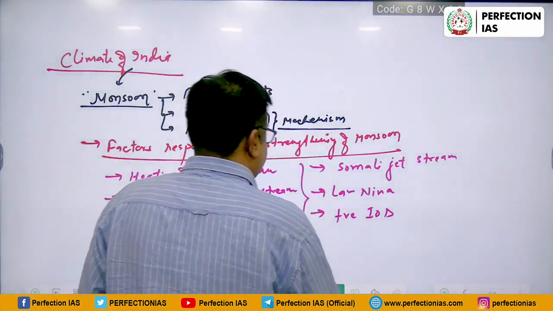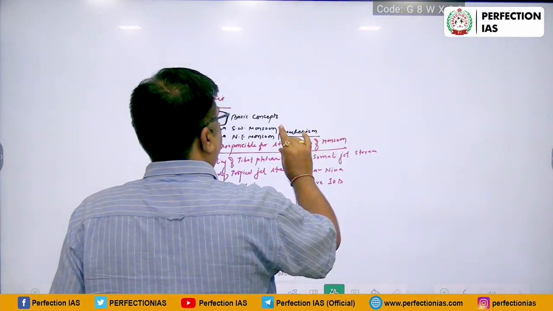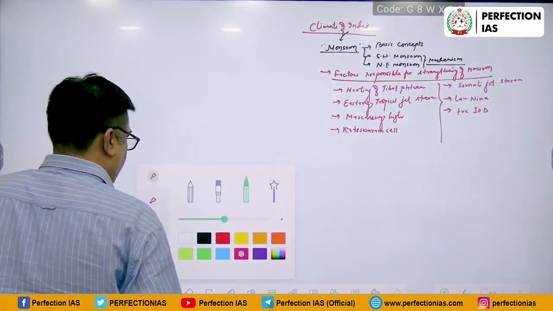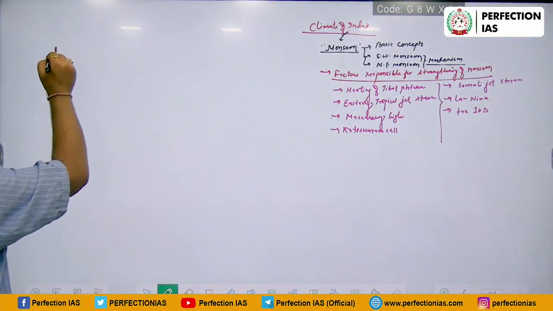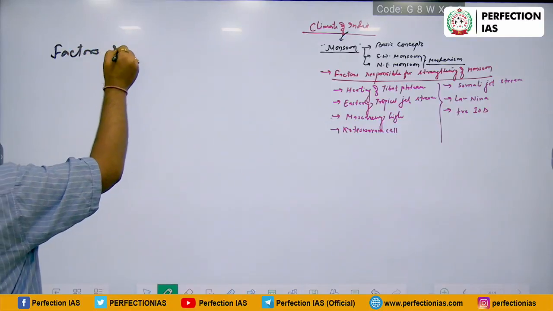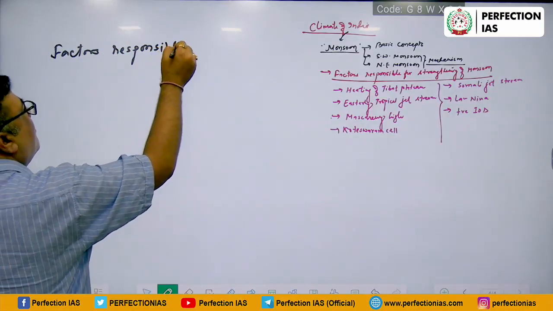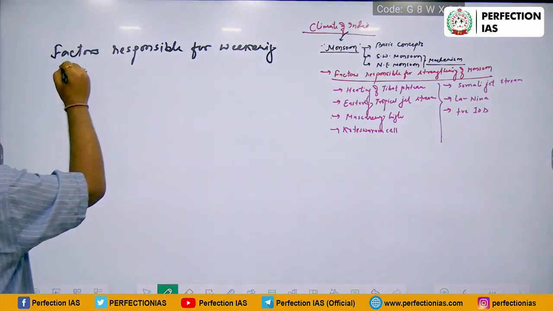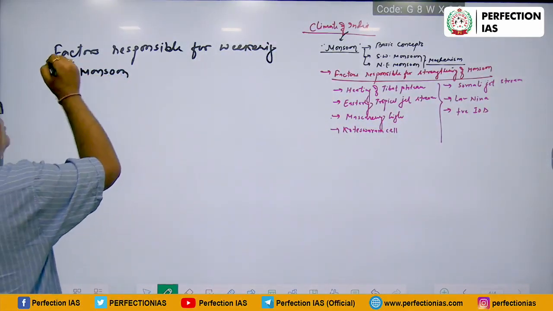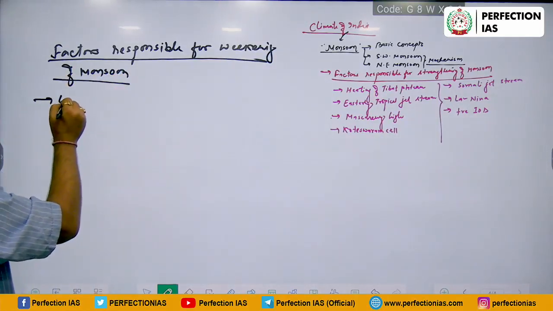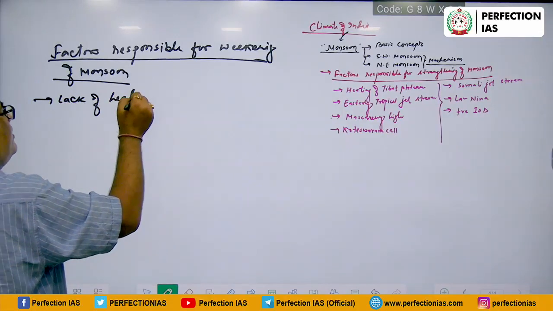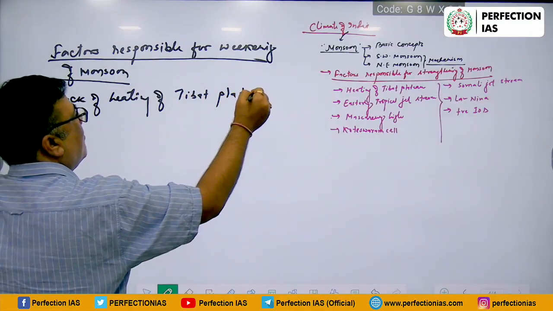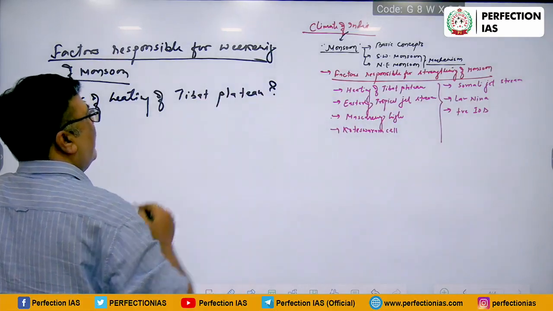And when we talk about factors responsible for weakening of monsoon, we can include lack of heating of Tibet Plateau, and we need to understand why is it so.